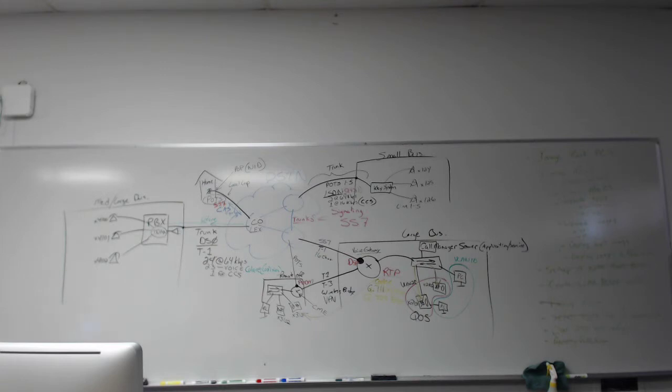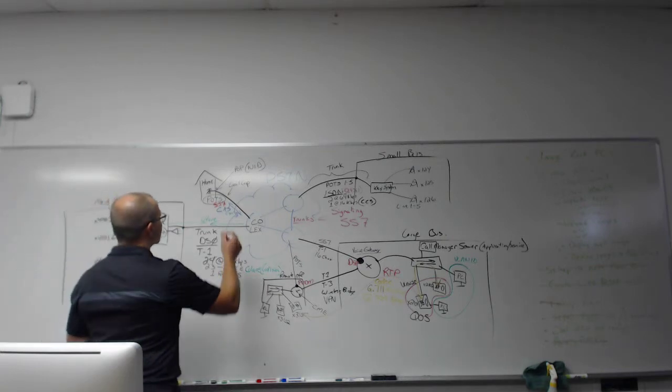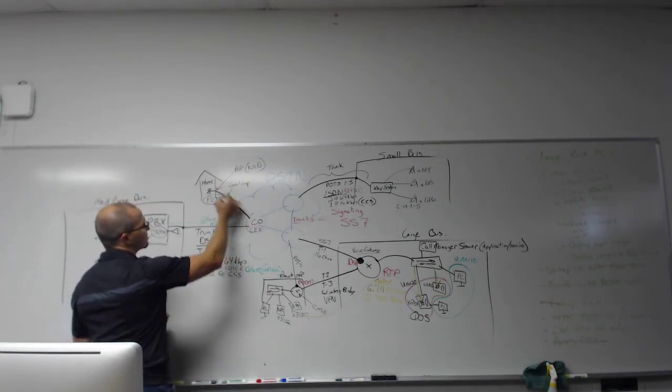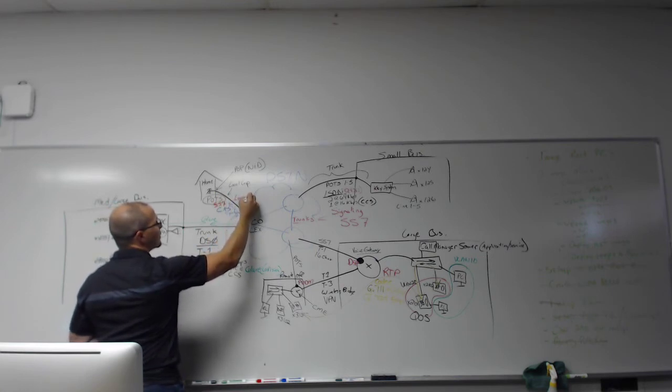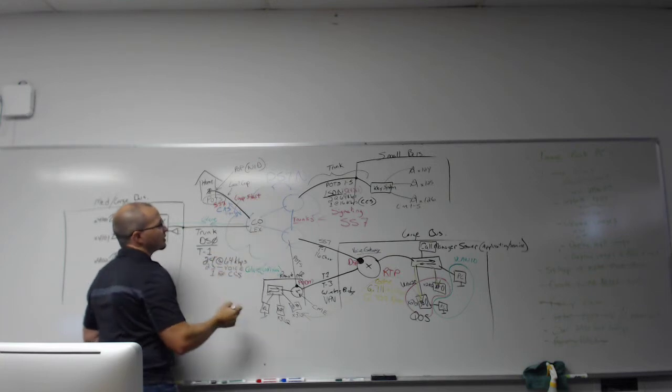Okay, so this one, loop start and ground start. Loop start is the common signaling for home phones in which the circuit to the phone company is open or closed. So this type of a call is loop start.